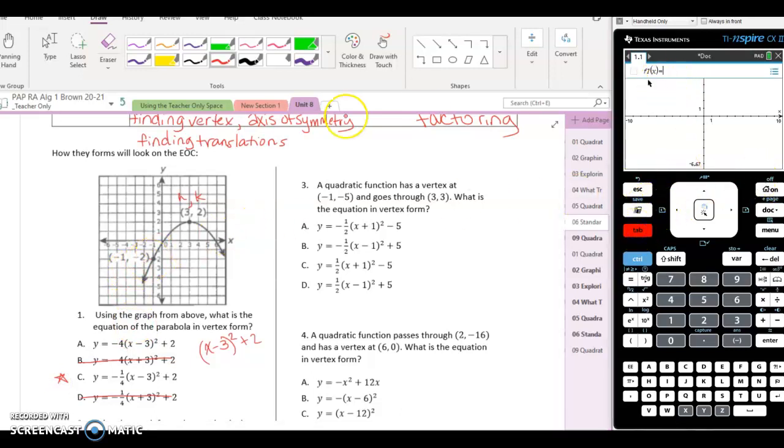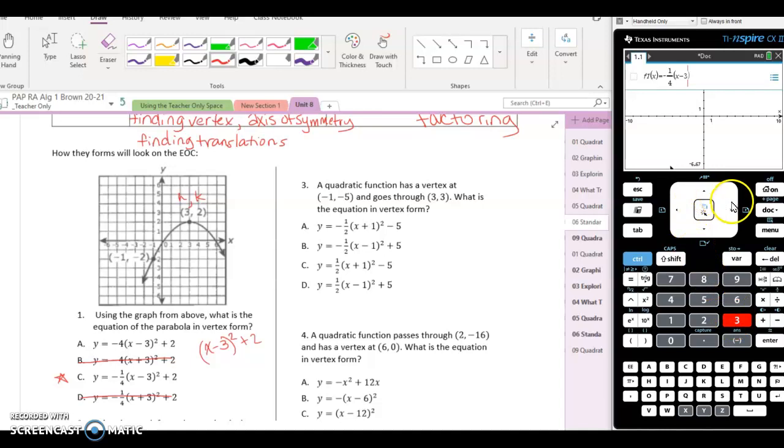So on our calculator, we're going to graph y equals negative 1/4. Always graph and check. It's not going to hurt anything. You have plenty of time to do this, as long as you don't just sit there and sleep. You have plenty of time during the test to take care of this.